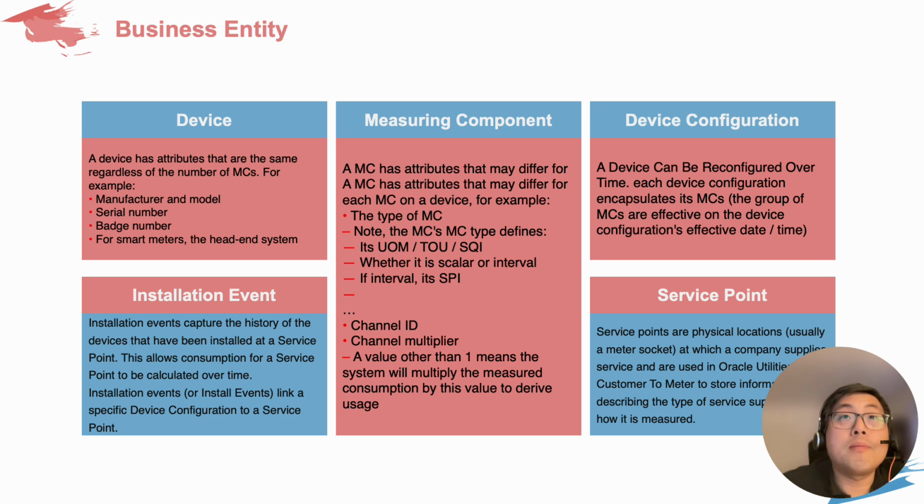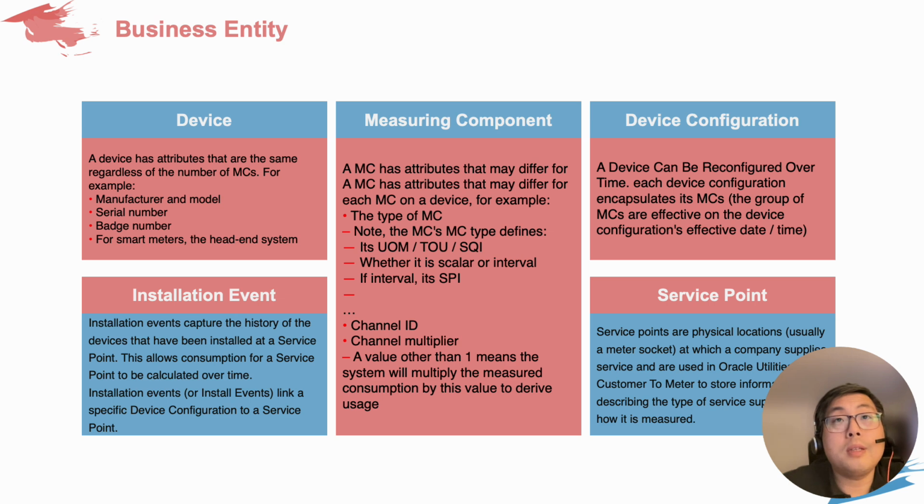And obviously for water, I know there are a lot of different types of meter, and the channel will be different. So we can utilize these attributes so the system can calculate the consumption correctly. By the way, all these multipliers will be taken into consideration when the base usage rule is applied.